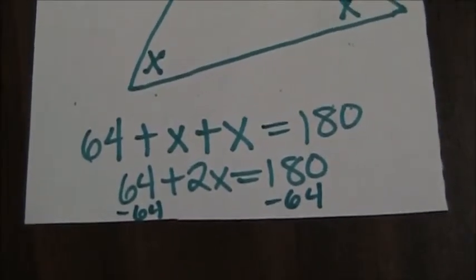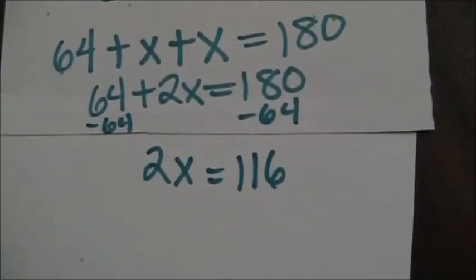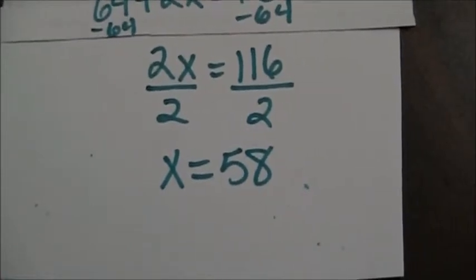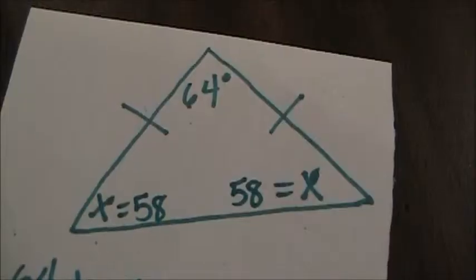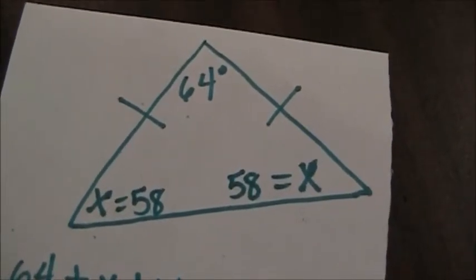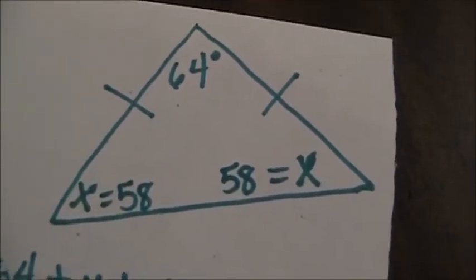Subtract the constant from both sides. Then divide by the coefficient. Now I know what x is. And since x represents the angles we're looking for, the base angles each are 58 degrees. So basically all we did was subtract 64 from 180 and then divide by 2.